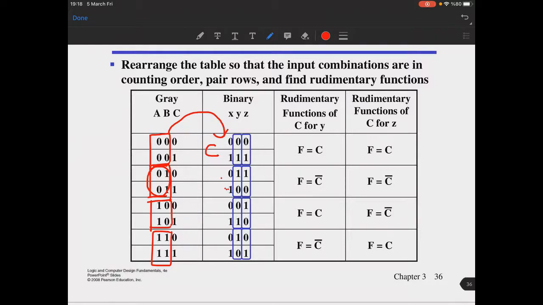Again, for 0, 0 it is c. Let me try to do this step by step. So this one is, as you see, c. And for 0, 0 again, the output will be c.